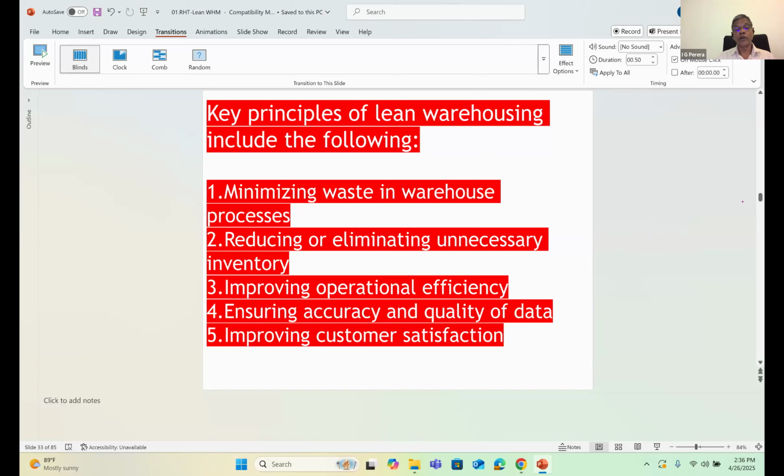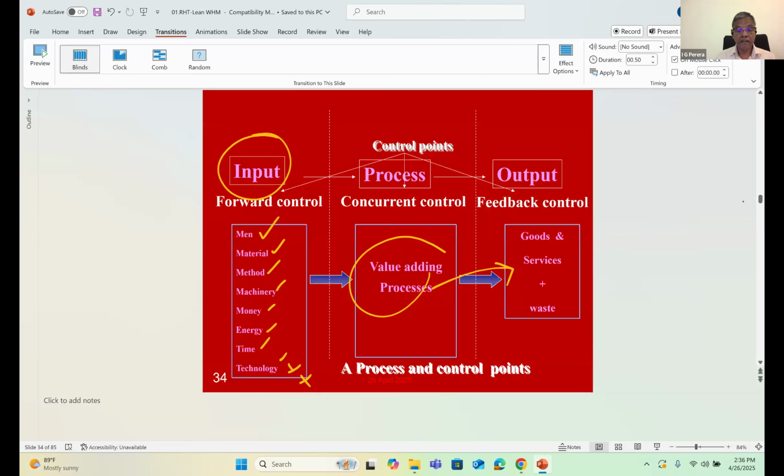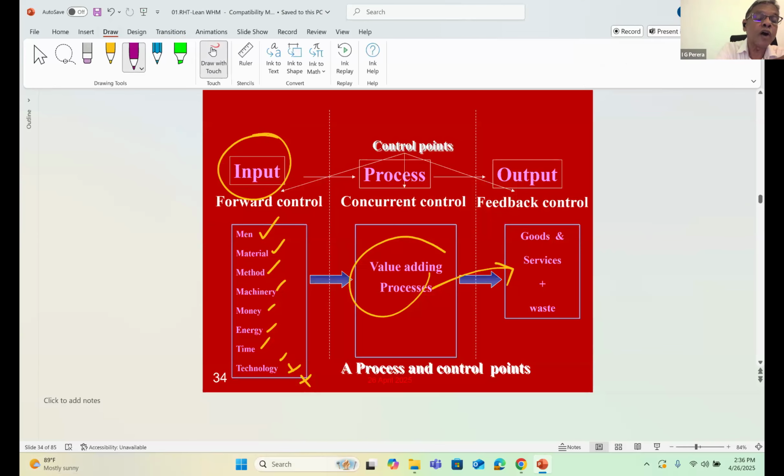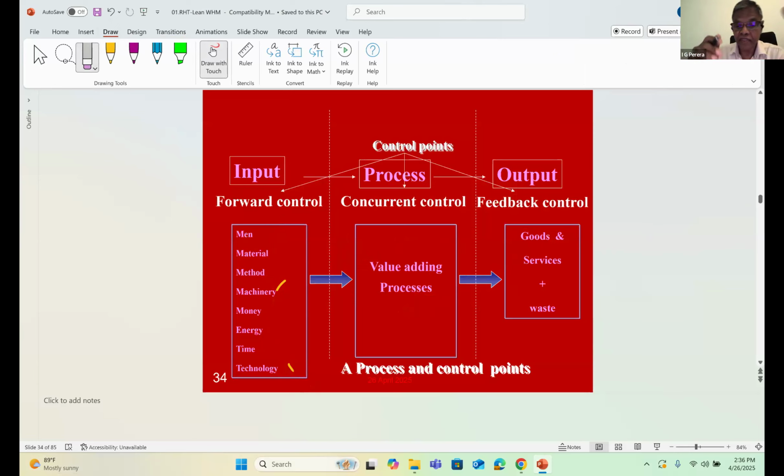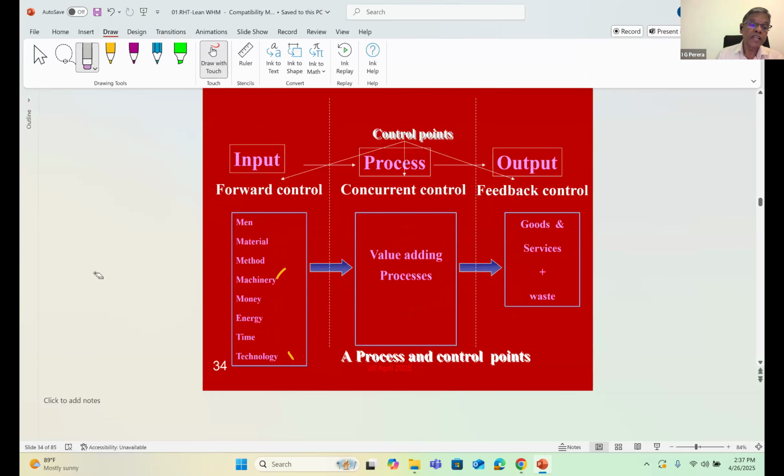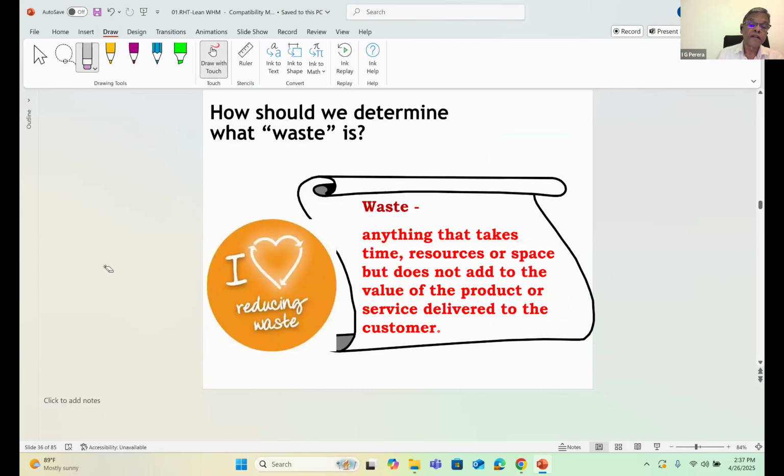And you need to understand the basic element of processes, how to explain the process. As we have already discussed, it is inputs converted to outputs. You have different types of inputs and two types of outputs: tangible products and intangible services.